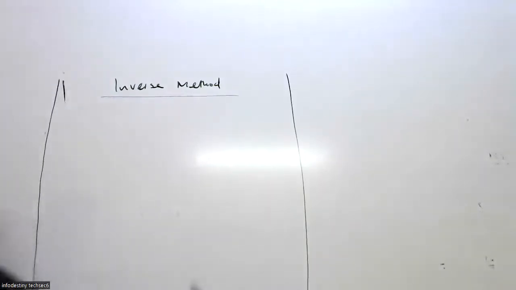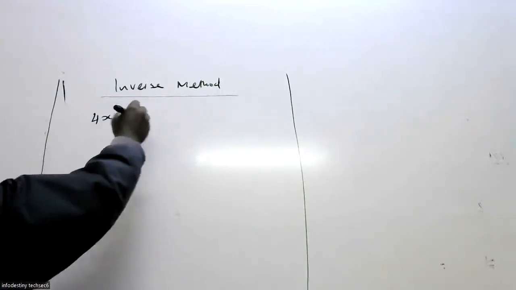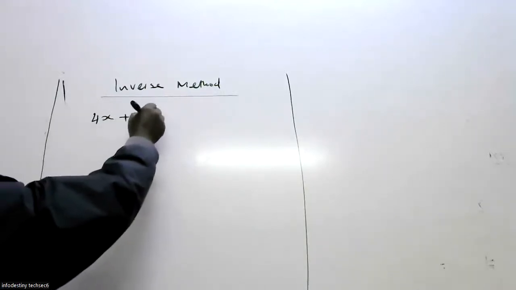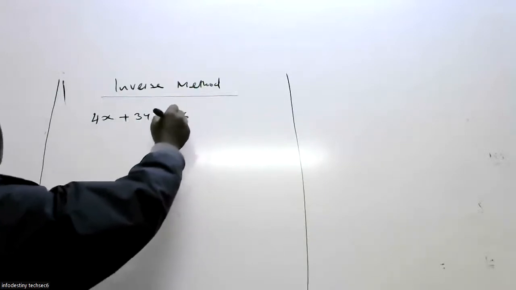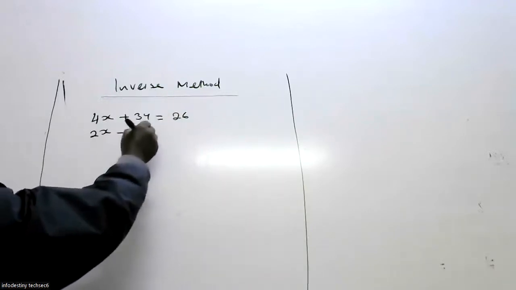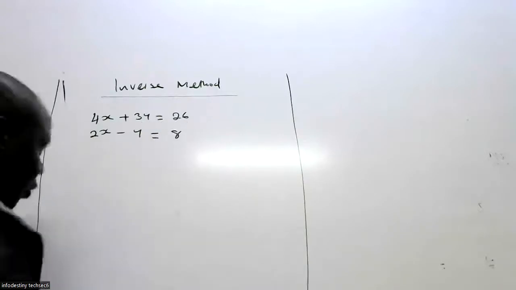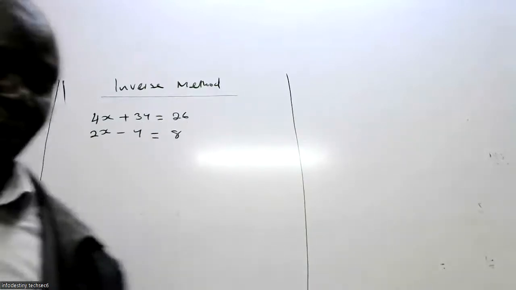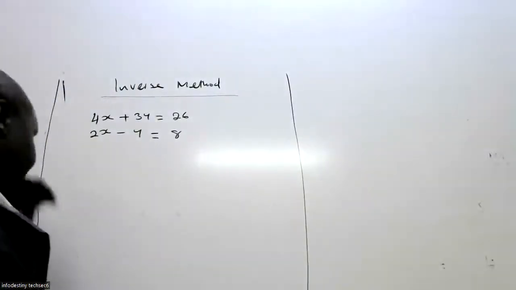I think that is 4x plus 3y equals to what? 26. The second one is going to be 2x minus y equals to what? 8. We are using the matrix method.